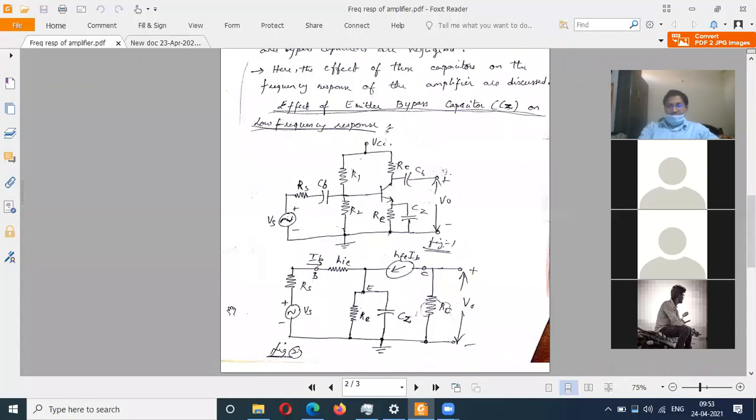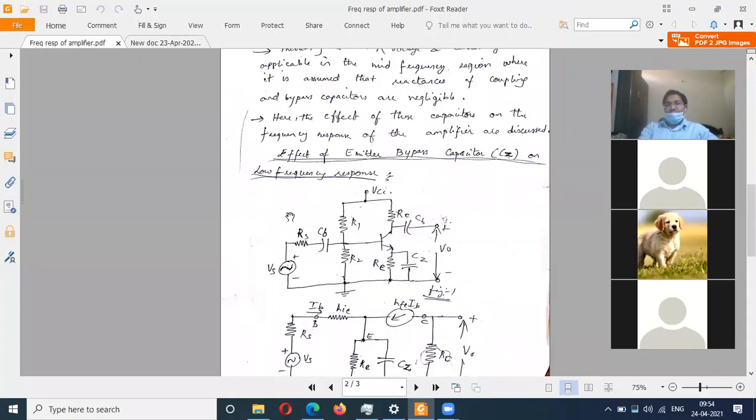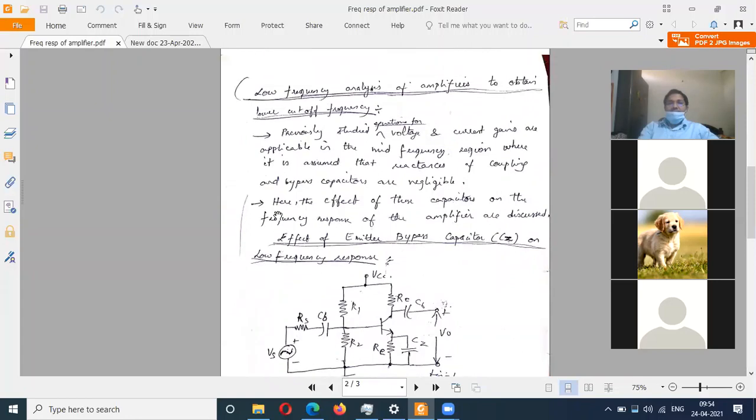Very easy question. Capacitors, very good. It is the capacitor that changes with frequency.